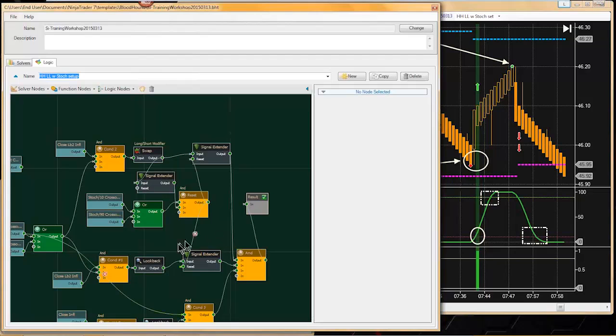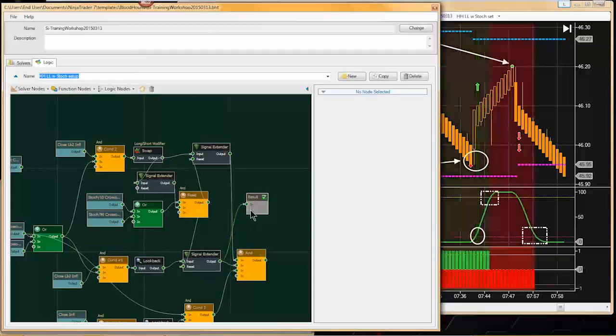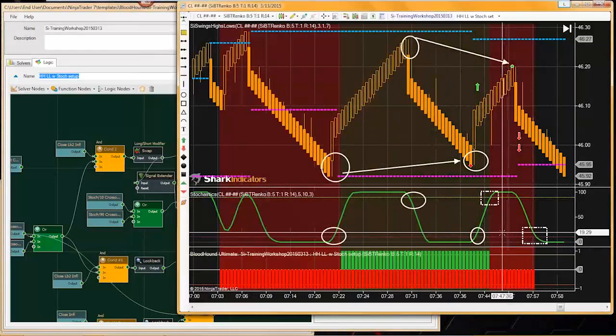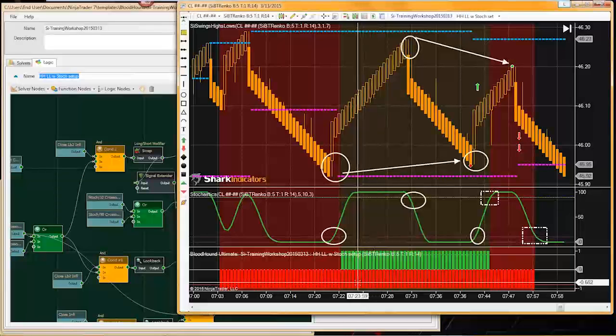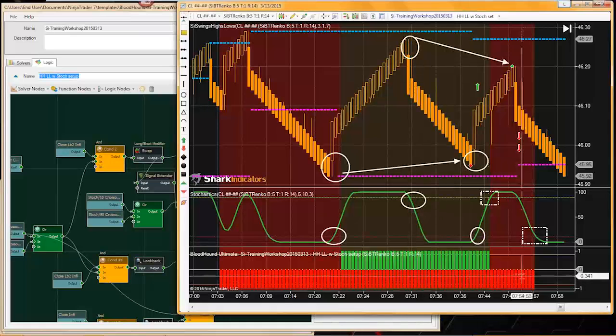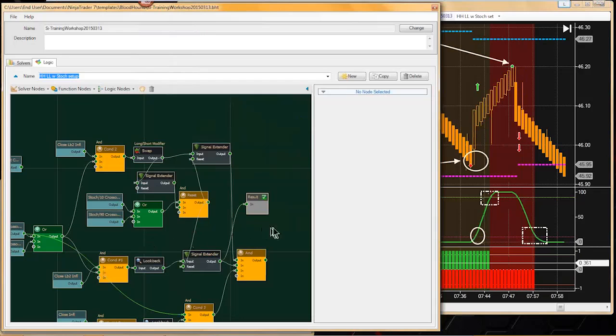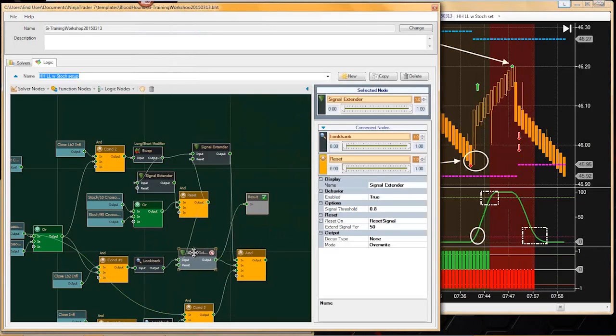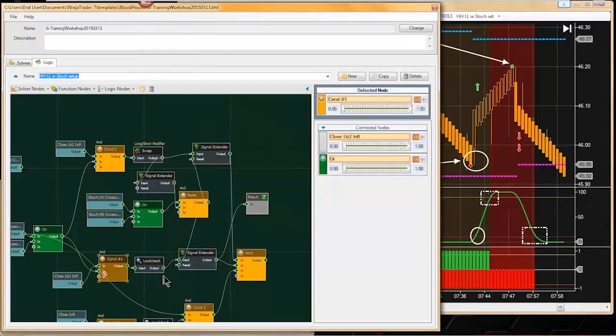So let me go back and take a look at all this again. Now I'm going to focus on the short signals here, the short outputs. All right, so I can see I do have a short output here. And remember, I'm taking a look at the signal extender from condition 1.